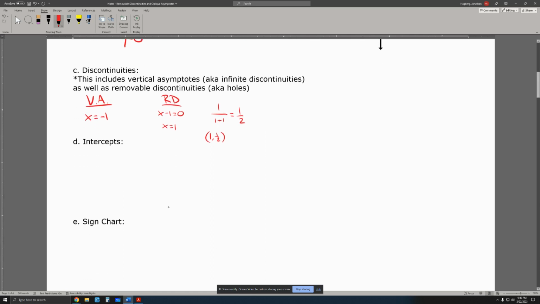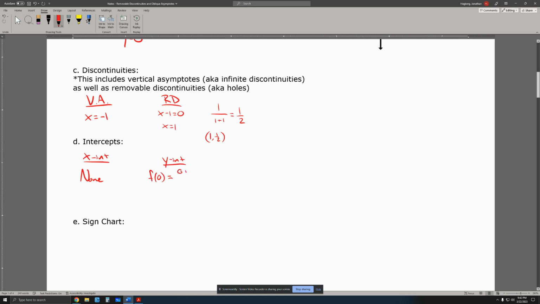Intercepts. We'll start with the x-intercept. The x-intercept is where the numerator is equal to 0. Well, the numerator is just 1, right? So it's never going to be equal to 0. Therefore, we have no x-intercepts. For the y-intercept, we can simply evaluate the function for f of 0. I'm going to plug it into the original function.